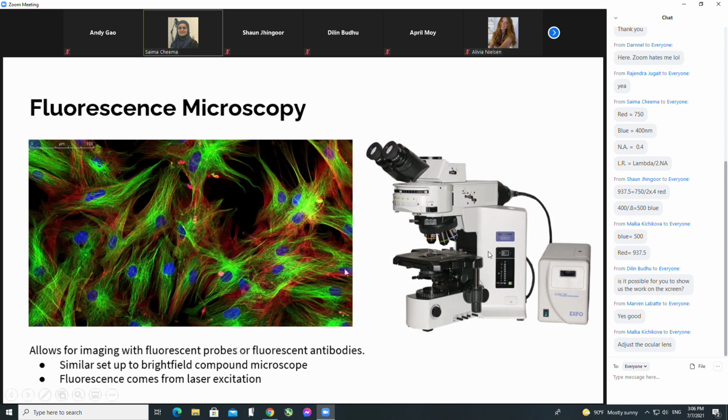So it looks the same and the mechanisms are the same, just the light source is going to be different. The light source can sometimes be just bright light, other times it could be laser, but we won't necessarily call it fluorescence microscopy then.